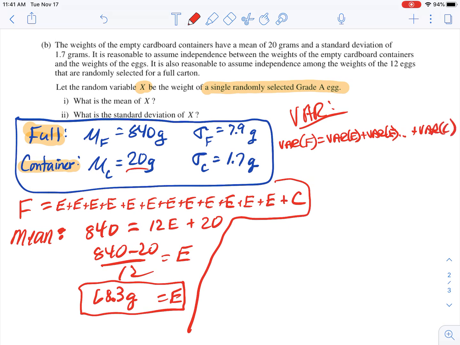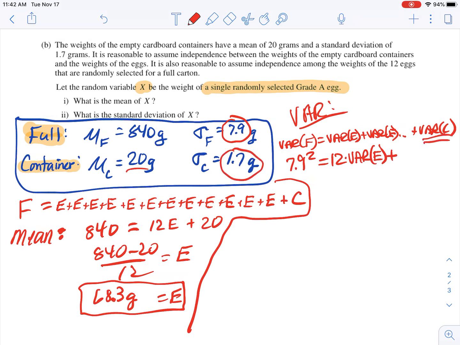The variance of the full carton we can figure out by squaring 7.9. We're given the standard deviation, so we can find the variance by squaring the standard deviation. That's going to equal 12 variances of 1 egg plus the variance of 1 carton.